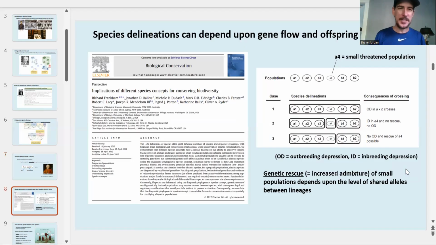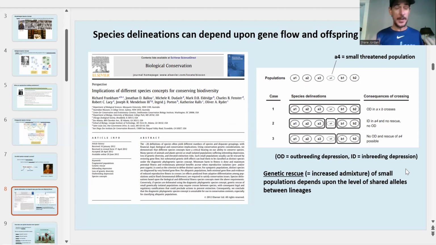Now, the whole delineation of species really can get complicated, and it can start to lead to this interesting sort of spectrum of variation in species either being kind of lumped together too much or maybe being split apart too much.